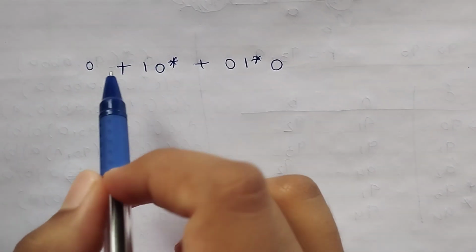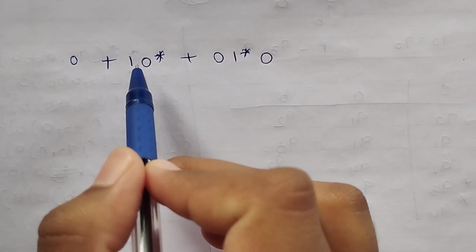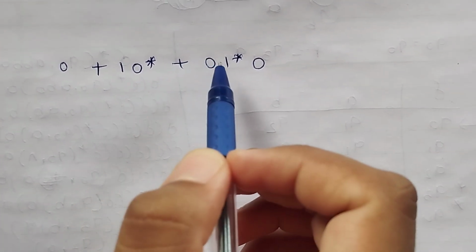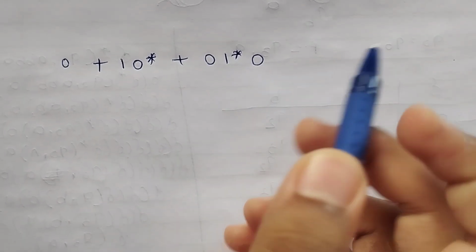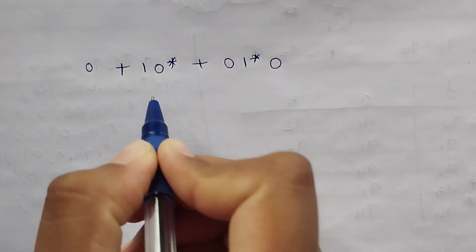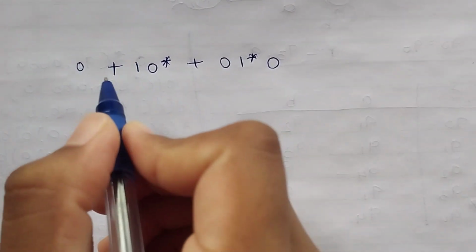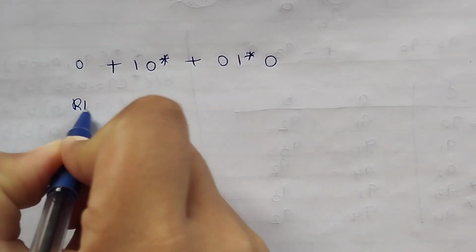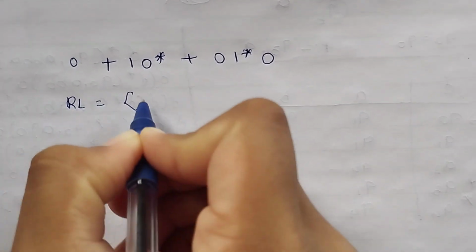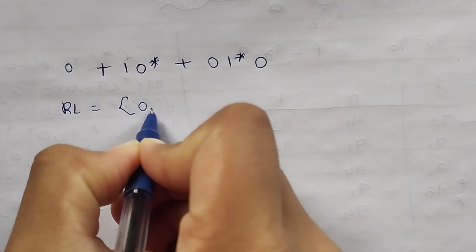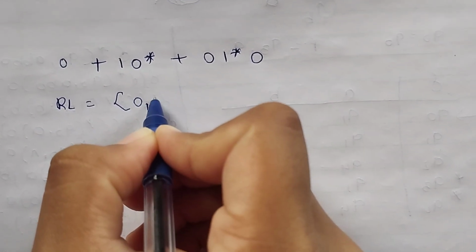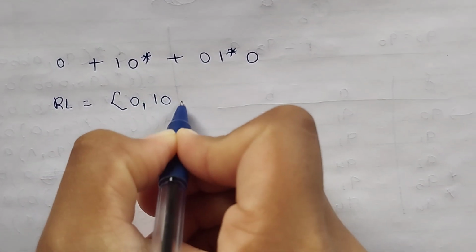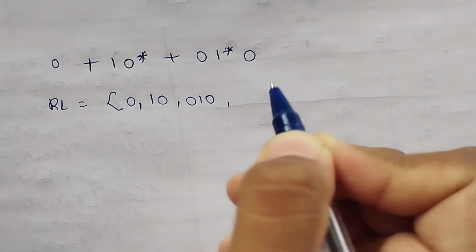So the next question is 0 plus 1 0 star plus 0 star 1. So this is the regular expression. The regular language is equal to: 1 is possible, 0 is possible, then 1 0 possible, 0 1 0 possible.